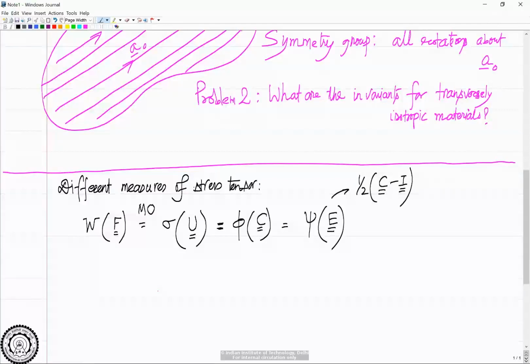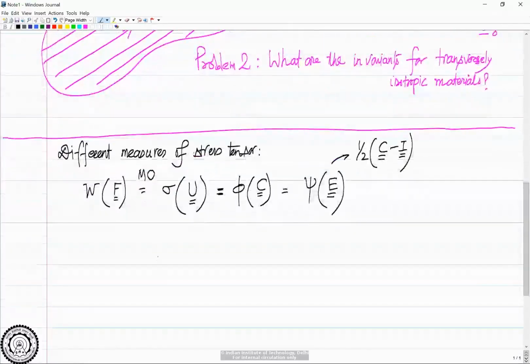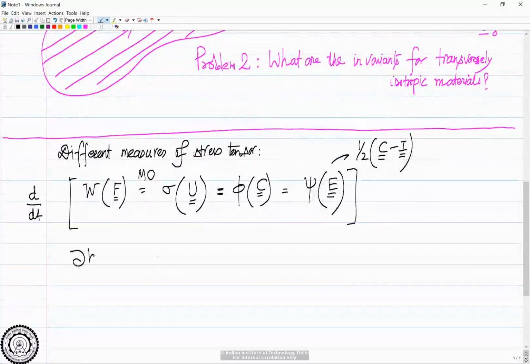Now, why don't I take its time derivative and see what I get? So do d by dt of the entire thing. You have del W over del F double contraction with F dot, isn't it? Is it fine with you guys?